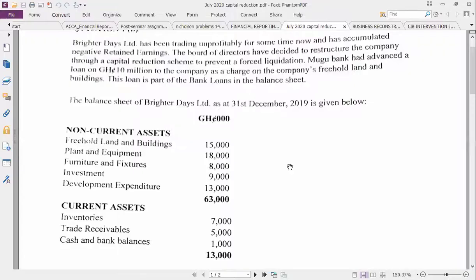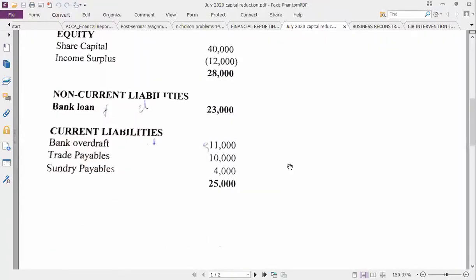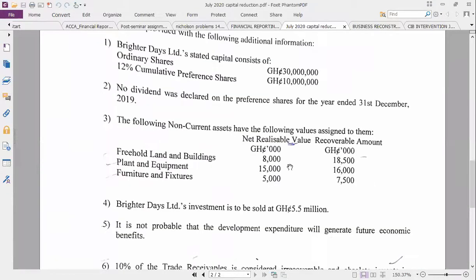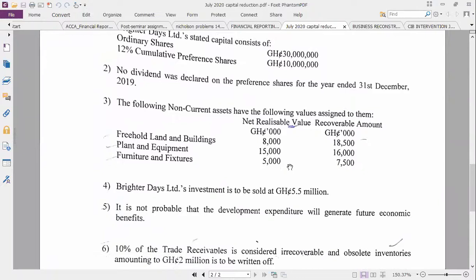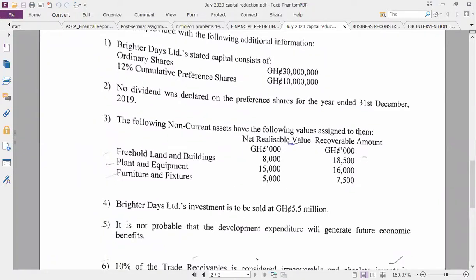Then we go and pick the going concern values. We said that the going concern values must be what? The going concern values have to be the recoverable amount. So let's select the recoverable amount.